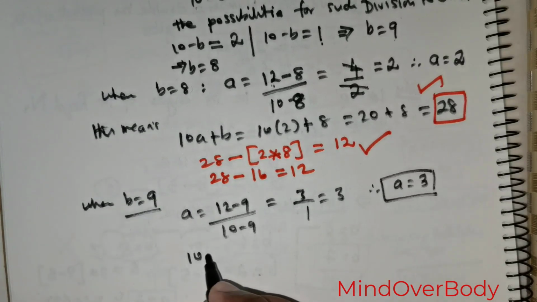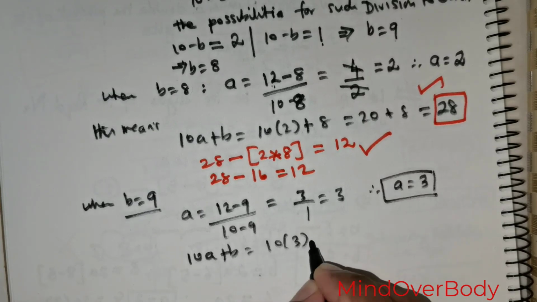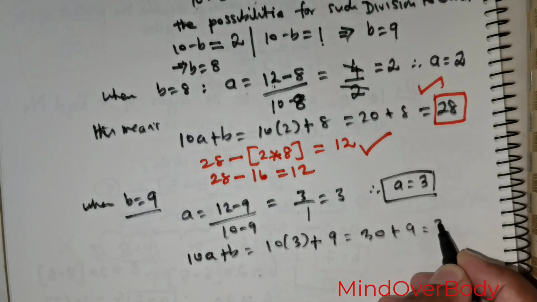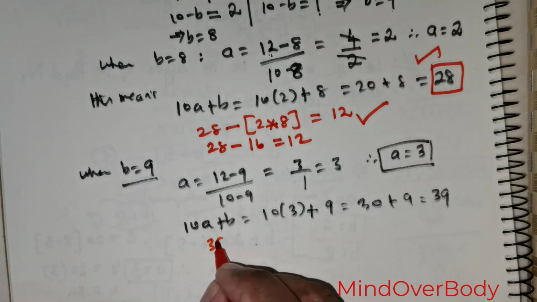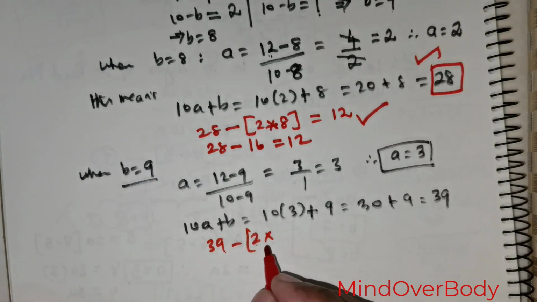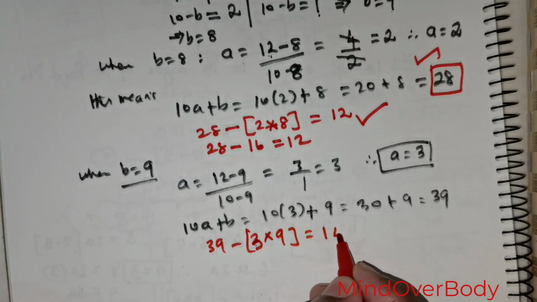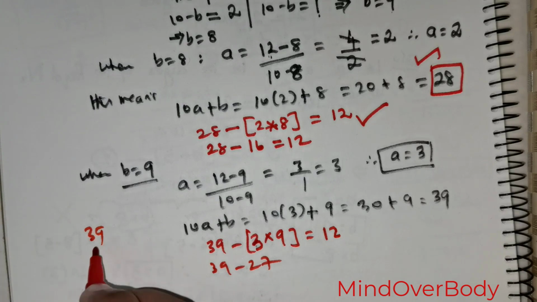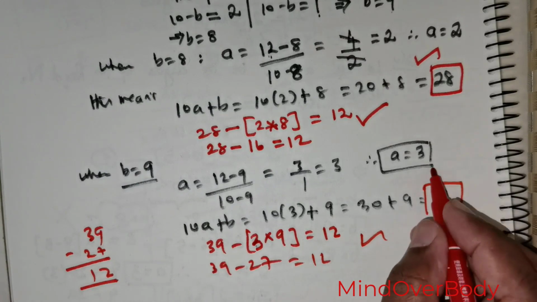So 10a + b is equal to 10 times 3 plus 9, which is 30 + 9 = 39. So let's check that out. 39 minus 3 times 9 should be equal to 12. This is 39 minus 27, which is 12. This is clear. This is correct.